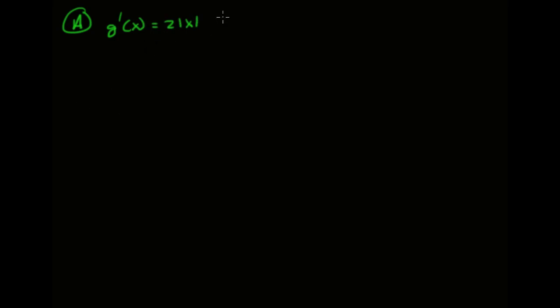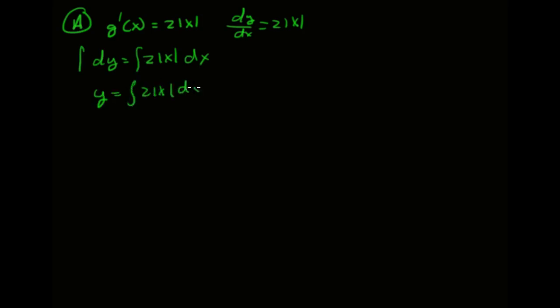So another way of saying that is dy dx is 2 absolute value of x. All right, so this means that dy is equal to 2 absolute value of x dx. Take the integral there. Y is going to be the integral of 2 absolute value of x dx.